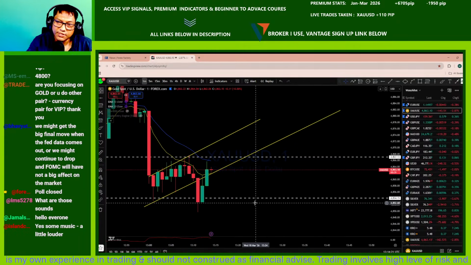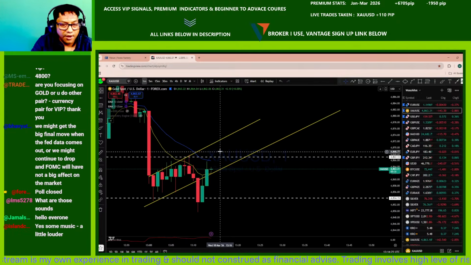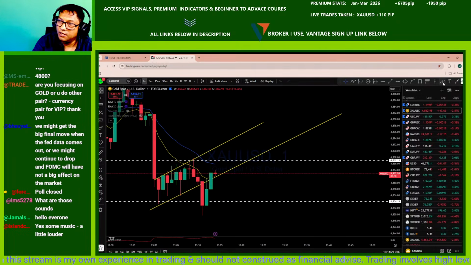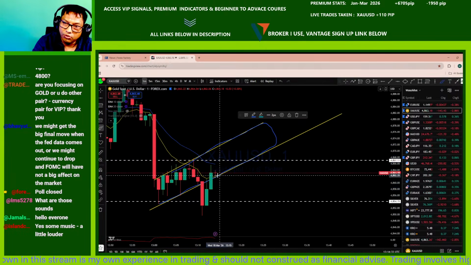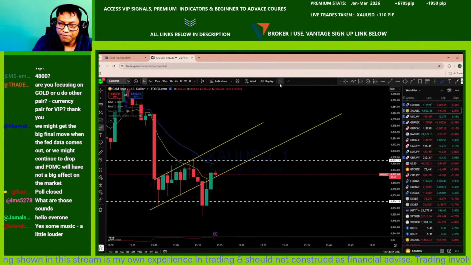You can see that after this high we saw the break, and now it's moving back again into that bear flag that you can see. With this bear flag we could see the market break out and then trend back down here.